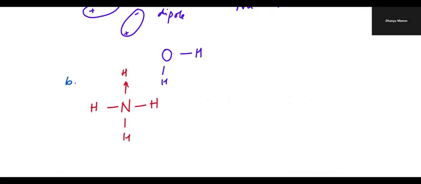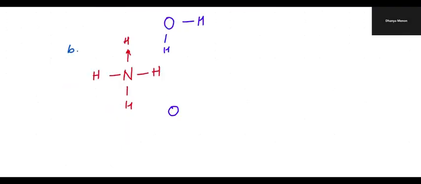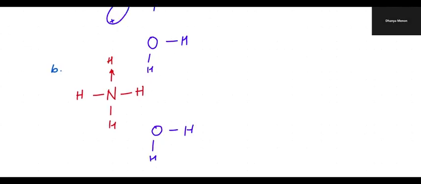Here again I have oxygen, hydrogen, hydrogen. These are the water molecules, right? So ammonium ion is surrounded by water molecules, and there can be hydrogen bond formation between the oxygen and the hydrogen, right? And this hydrogen bond formed is very, very strong, right?